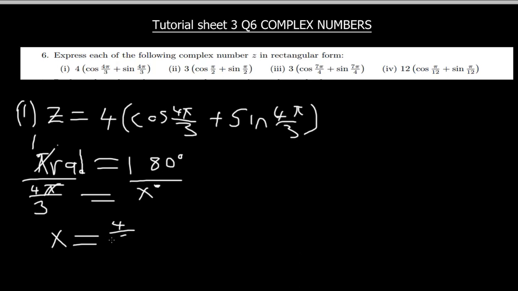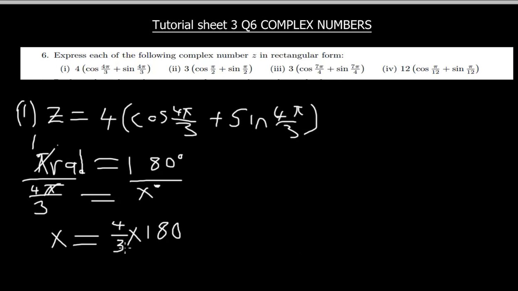Let me show you the simplest and fastest way of solving such questions. Since you don't have a calculator, before you multiply 4 times 180, you get a bigger number which you may fail to divide by 3 at the end.